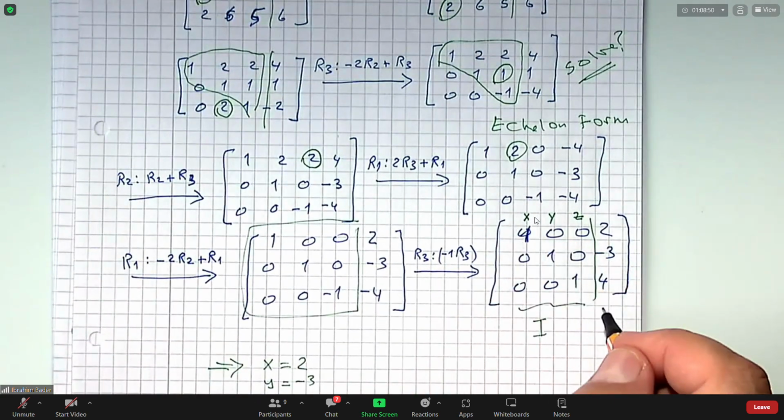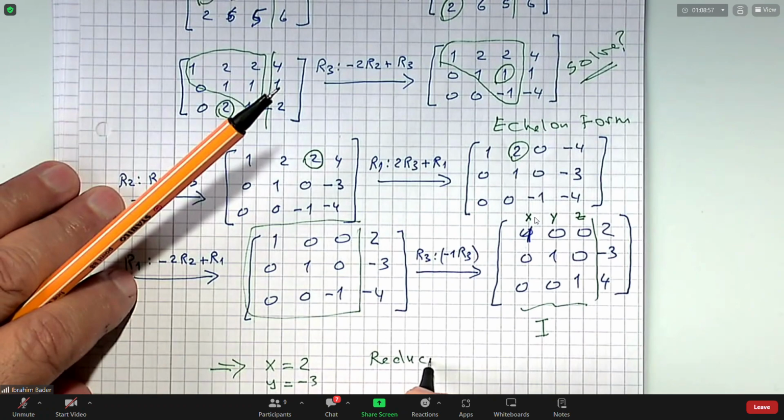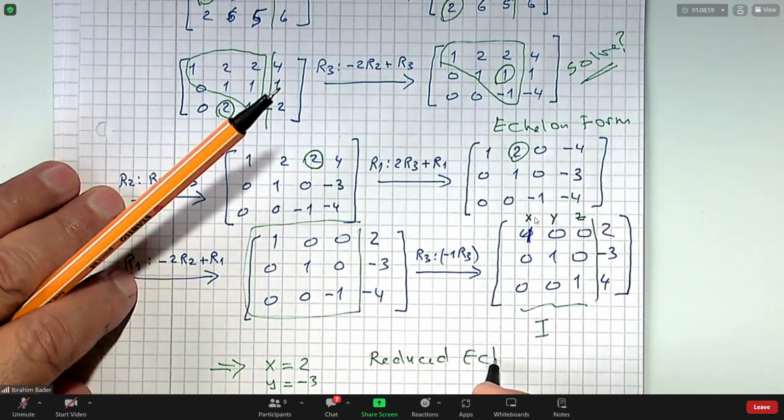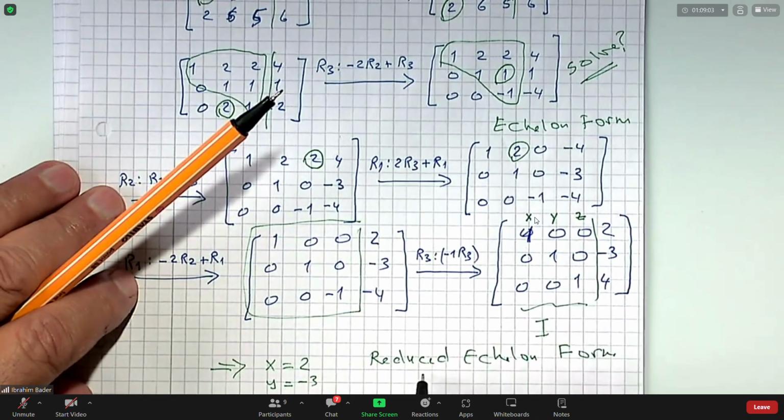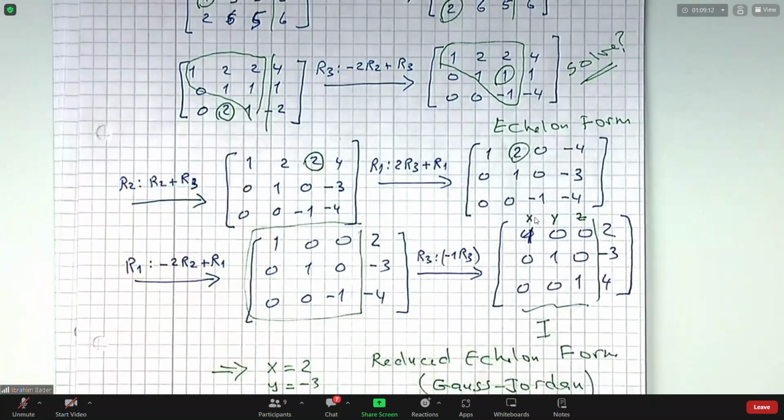This is what we call the reduced echelon form, and this is called the Gauss-Jordan method or algorithm.